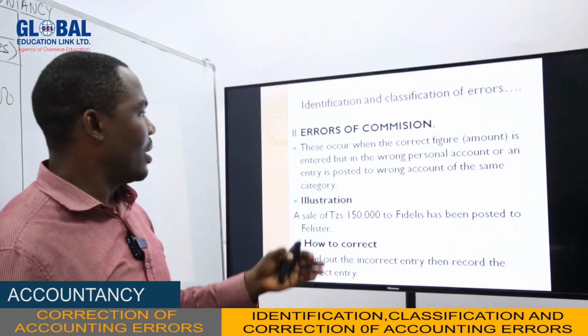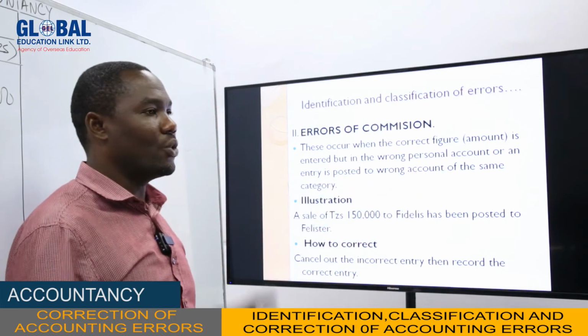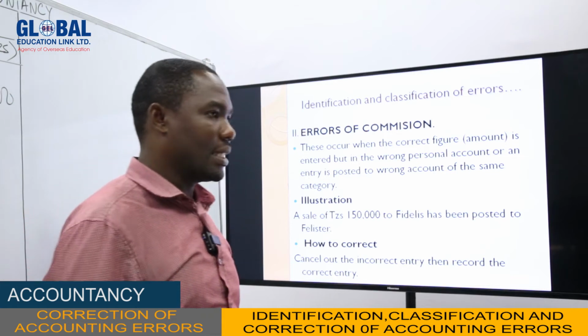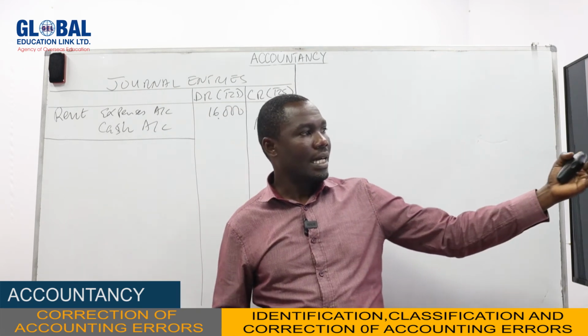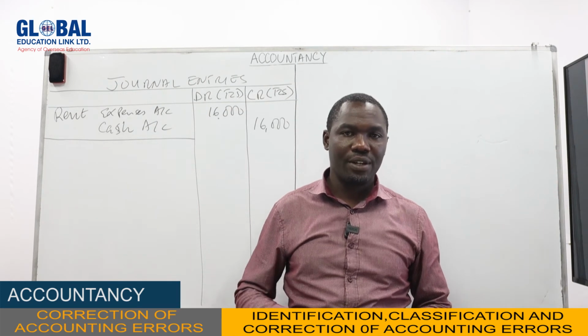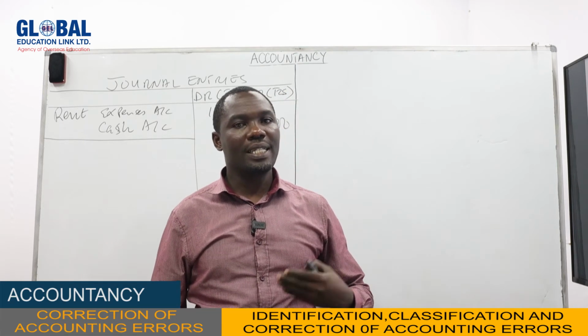It may also be an entry posted to the wrong account, but of the same category. For example, you sell goods on credit to customer A, but instead of recording this entry to customer A, you record it to customer B.